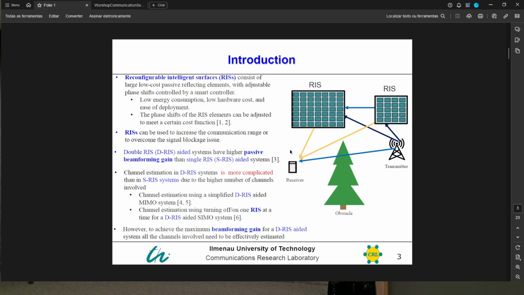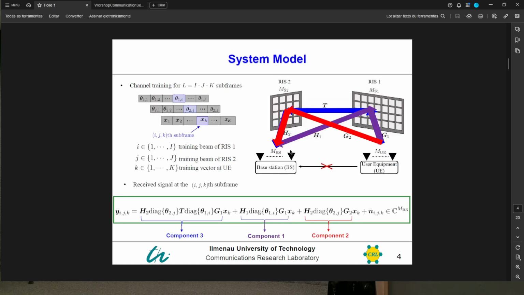So this is our system model. We have the double RIS. This is the transmitter, and this is the receiver. G1 goes to RIS 1, and H1 is the first single reflection link. G2 and H2 form another single reflection link, while G1, T, and so on form the double reflection link.